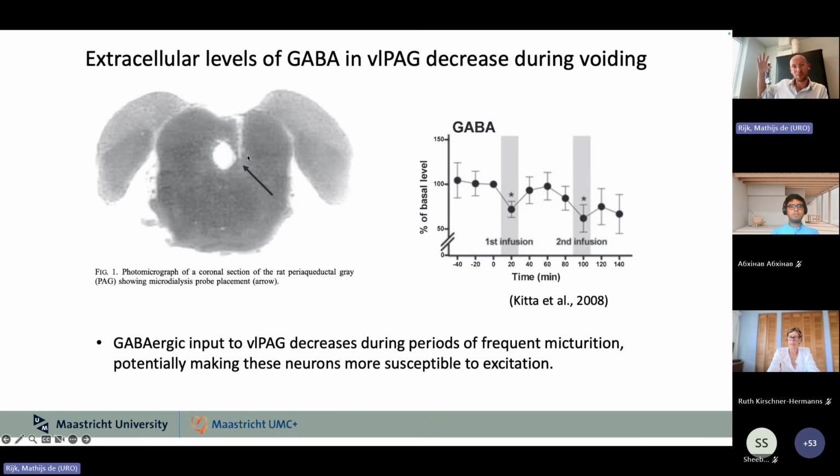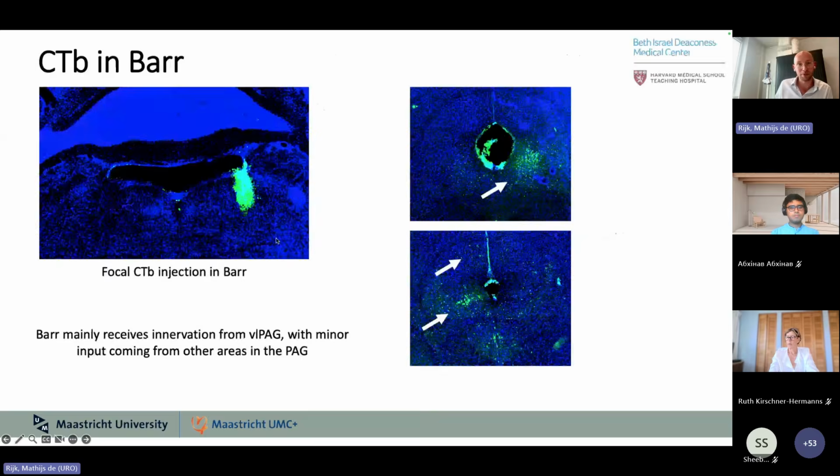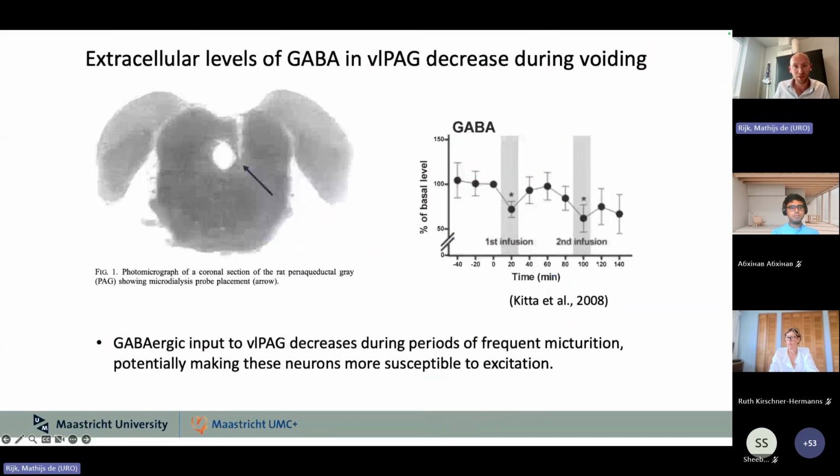So from somewhere upstream, it might be dorsolateral PAG, it might also be somewhere else. But information that arrives, or inhibitory information that arrives in the ventrolateral PAG, decreases, and that then allows neurons in that location, is the proposed conclusion, to excite downstream Barrington's nucleus or pontine micturition center so that the rat can void.